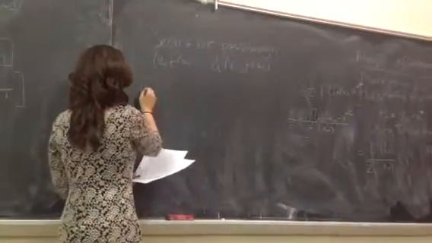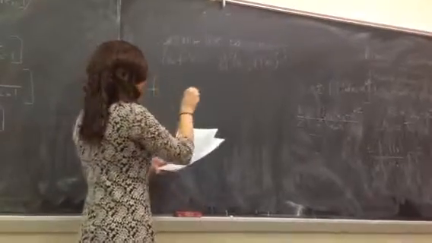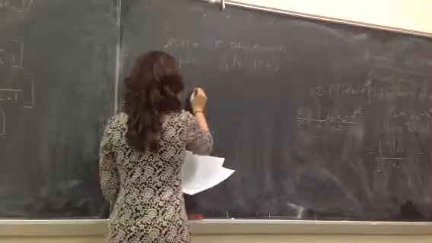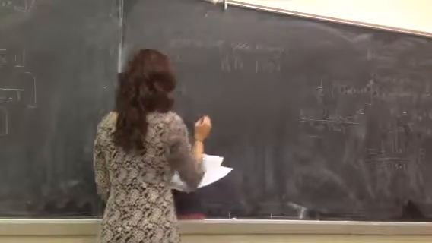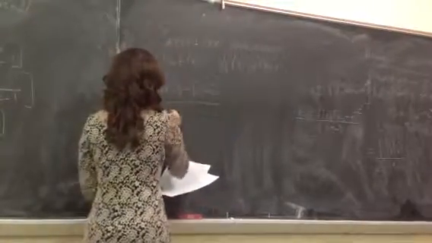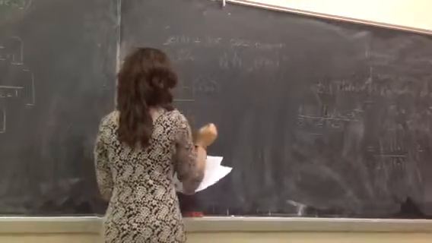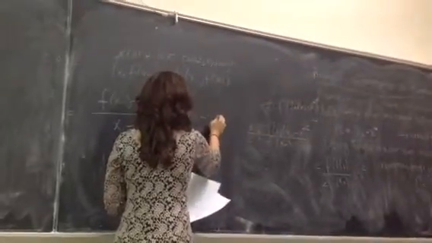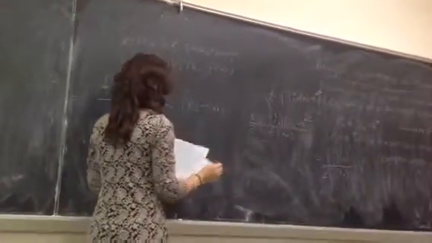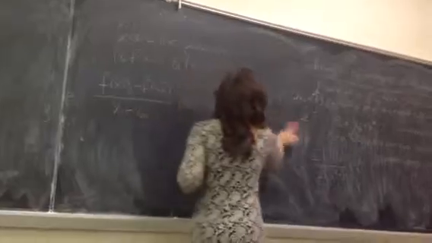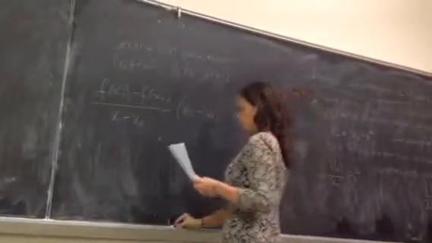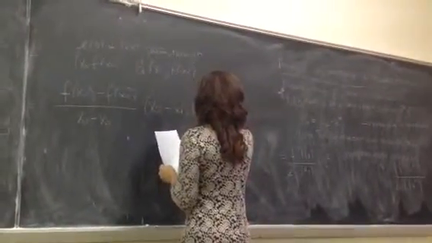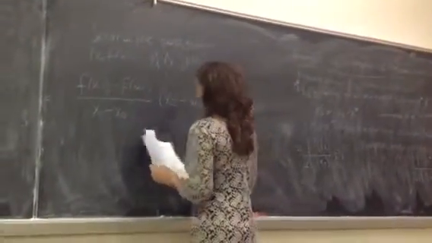So to figure out what our next iterate would be, we'll look at this: (f of x_1 minus f of x_0) over (x_1 minus x_0), times (x_2 minus x_1), plus f of x_1 equals 0.